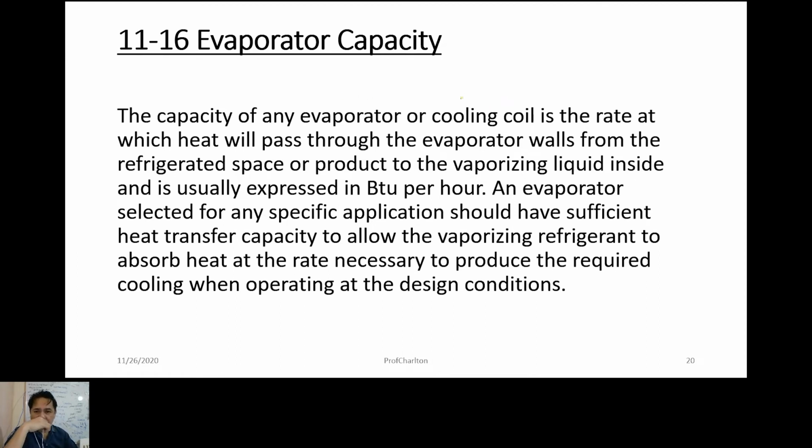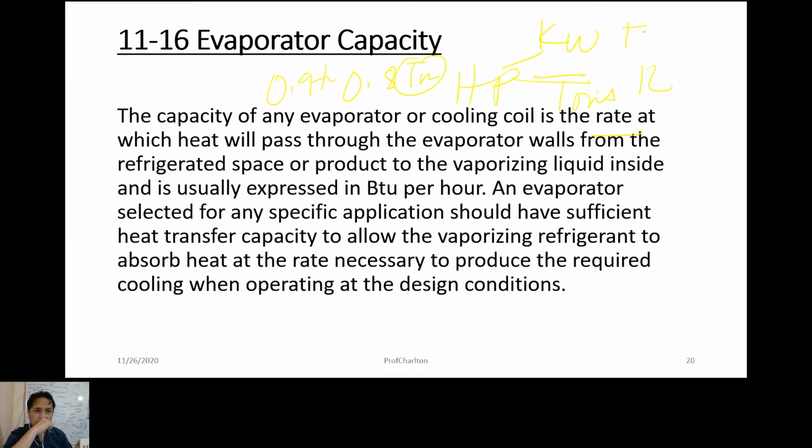So now the capacity of the evaporator, what's the capacity of the evaporator? The capacity of the evaporator is measured in what? Tons of refrigeration or kilowatt or horsepower, right? Like the example we have, 0.8 ton, 0.9 ton. So you can convert the ton to horsepower, you can convert the ton to kilowatts.